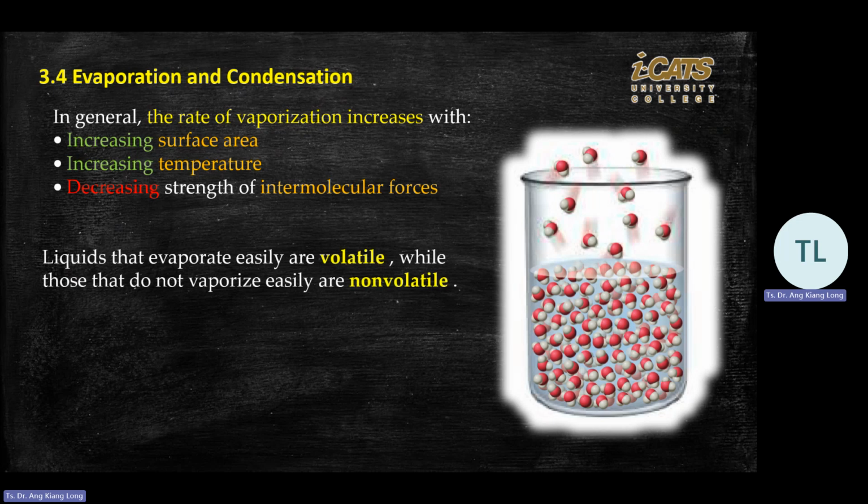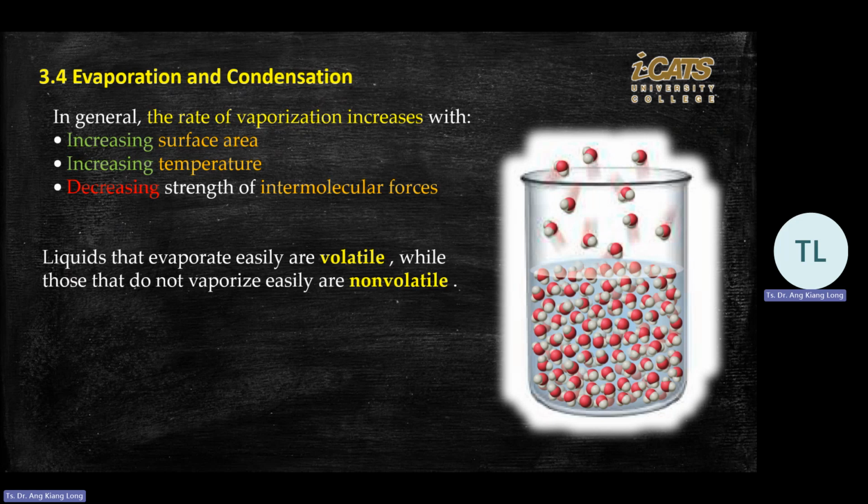Okay, so this is another technical word: volatile. If a substance or liquid can evaporate easily, we call it volatile. If it does not evaporate easily, we call it non-volatile, right?